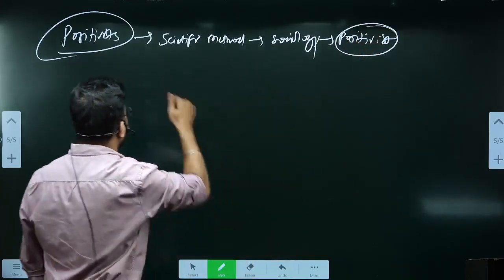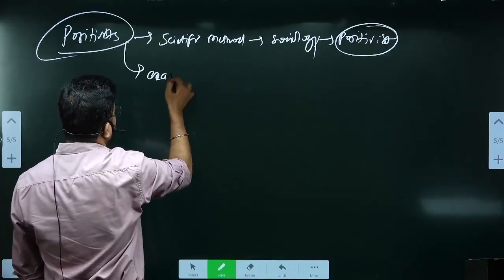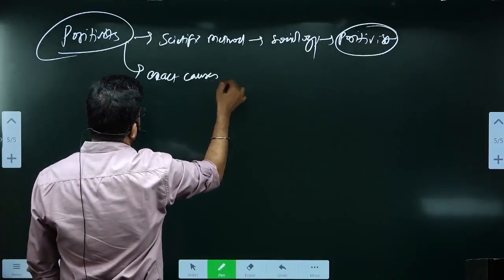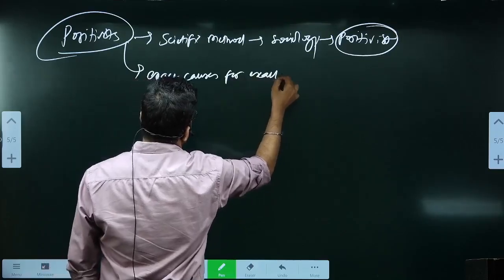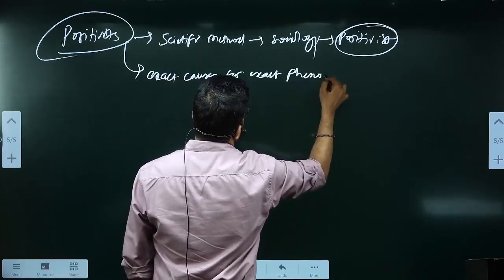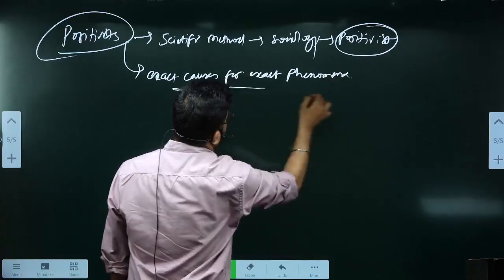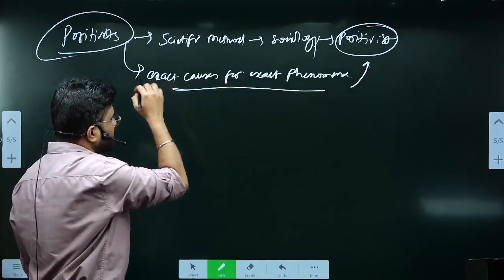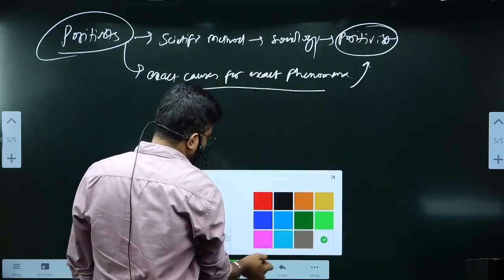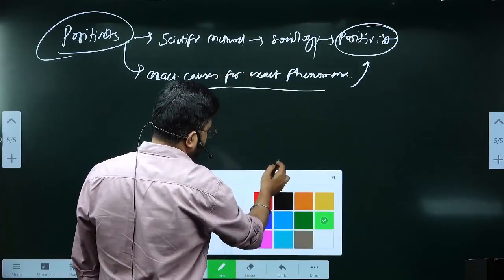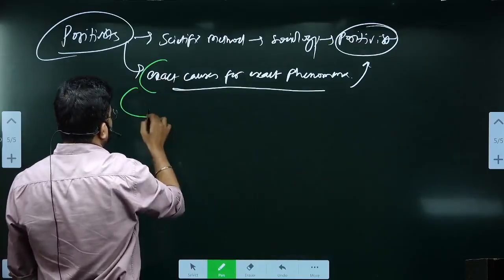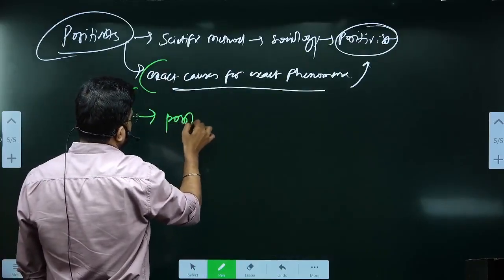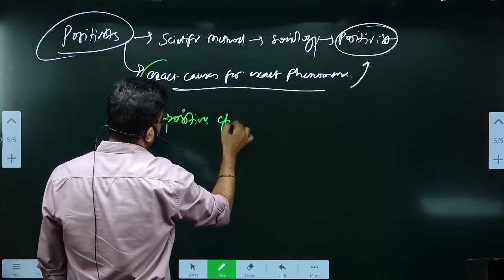The school of thought which is looking for exact causes for exact phenomena is what the positivist school of thought is all about. Finding out exact causes for exact phenomena is nothing but positivist epistemology.